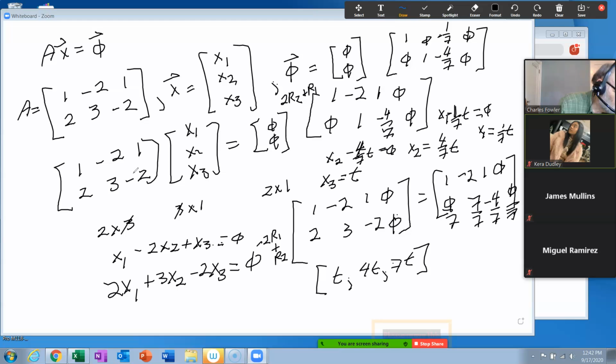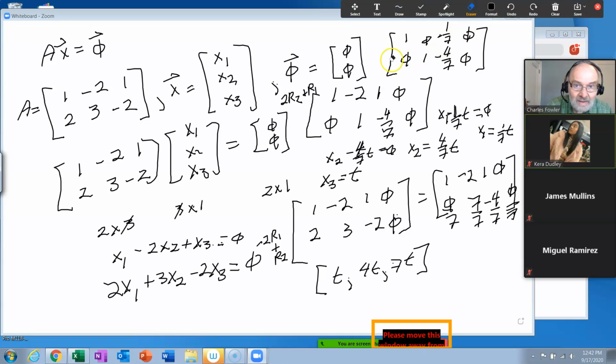Now, here, goodness, I've run out of room. Let me erase some stuff. Let me figure out what I can erase. I need to get my pen to show up somewhere here. There it is. Okay. All right. Now, I think I'll erase this line down here.